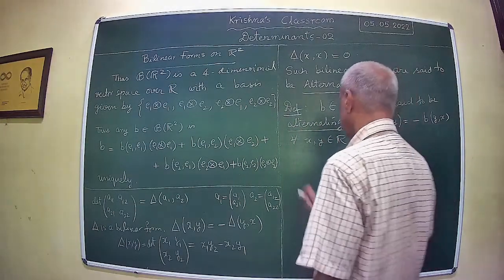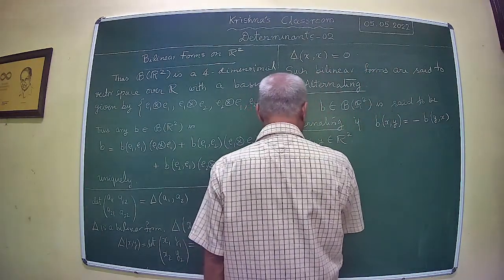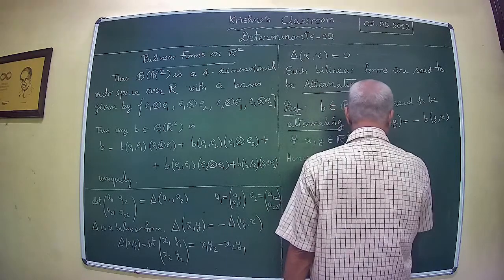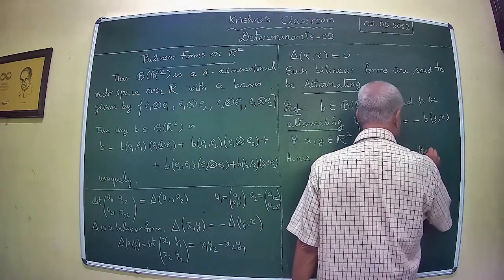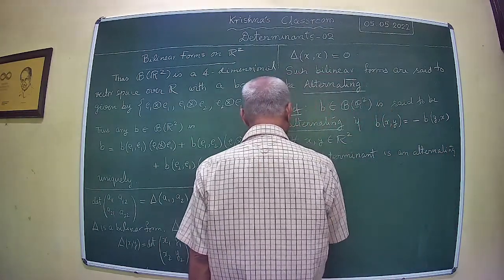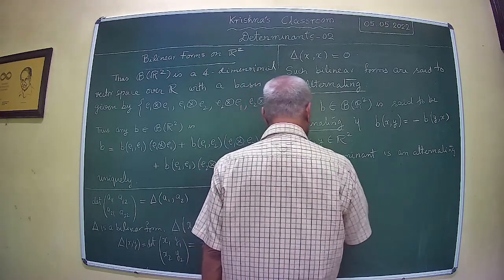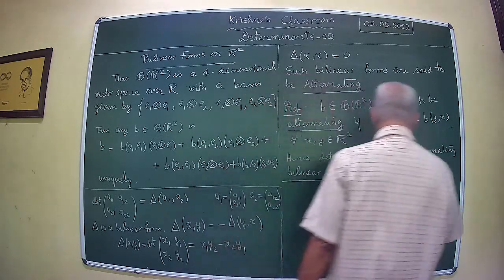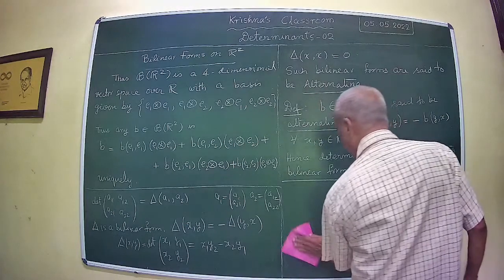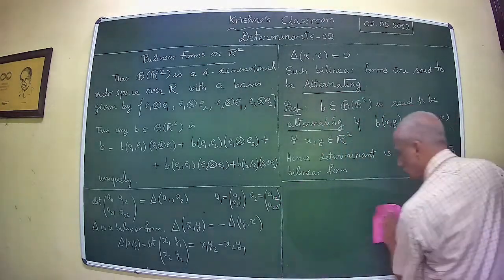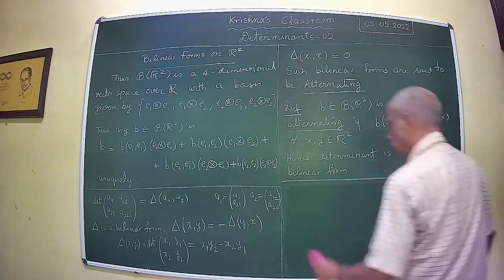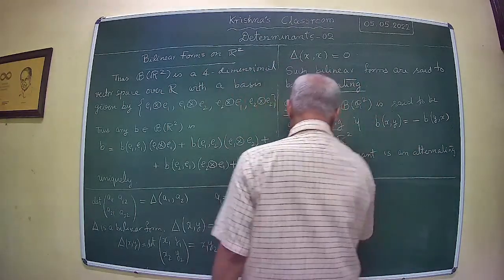So determinant. So naturally you ask, what is the general structure of an alternating bilinear form? So let us investigate that.